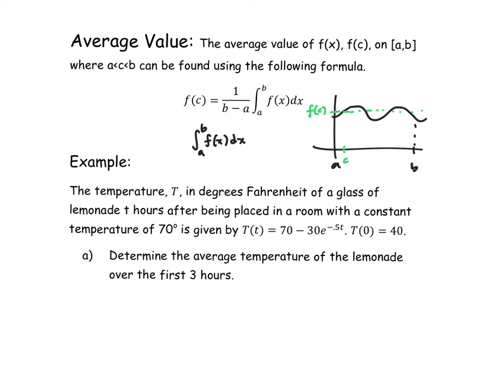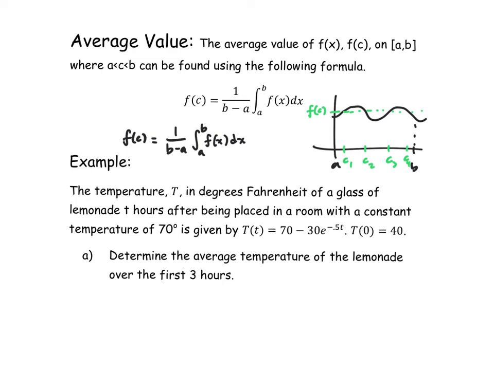Well, it looks like the average value occurs in a couple different places. Right, there's c1, c2, c3, c4. So how do you get that average value? Well, you take the area and you divide it by the length of the interval, and that's the average value.